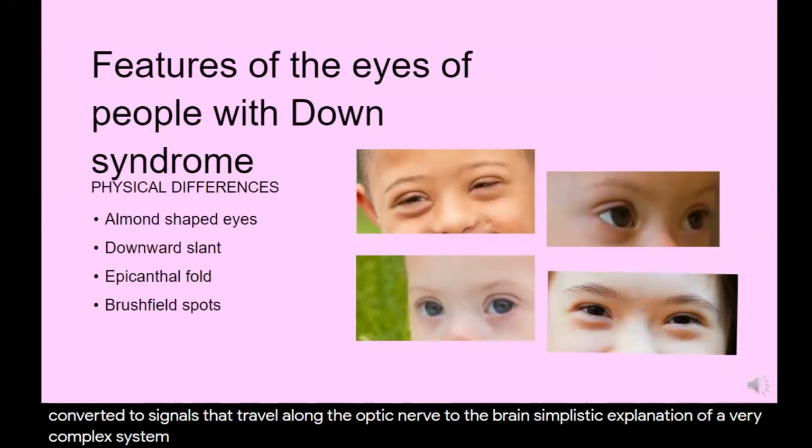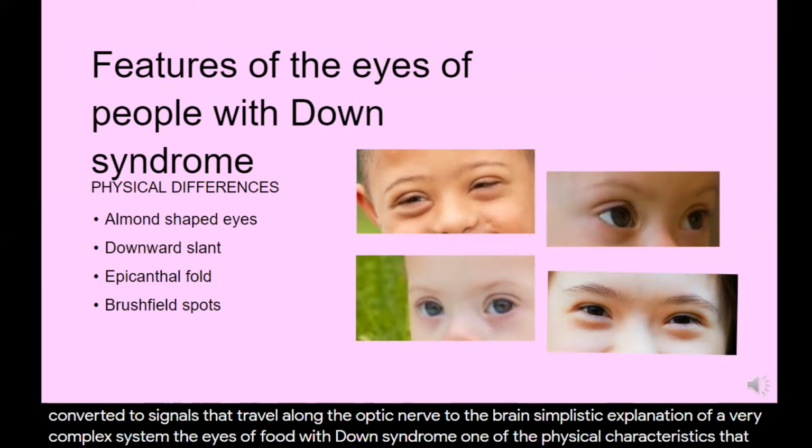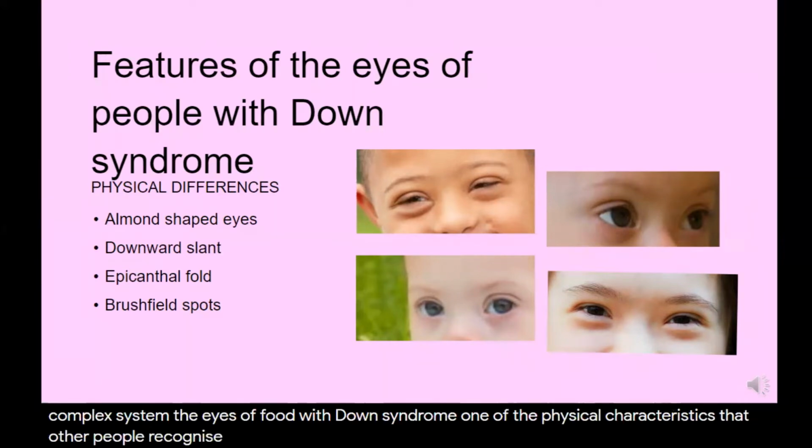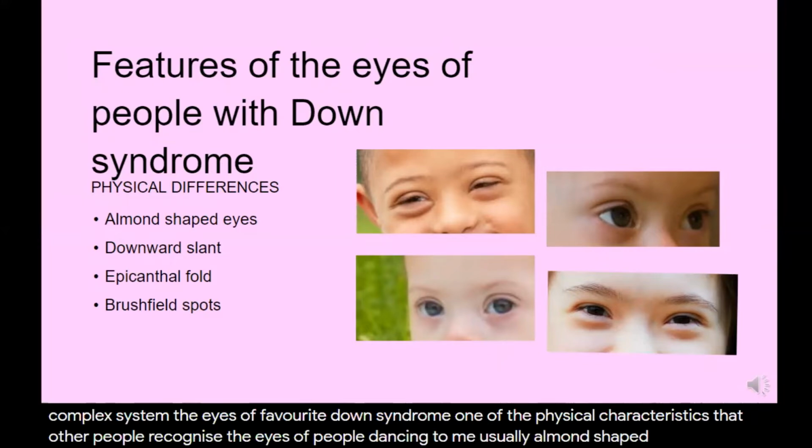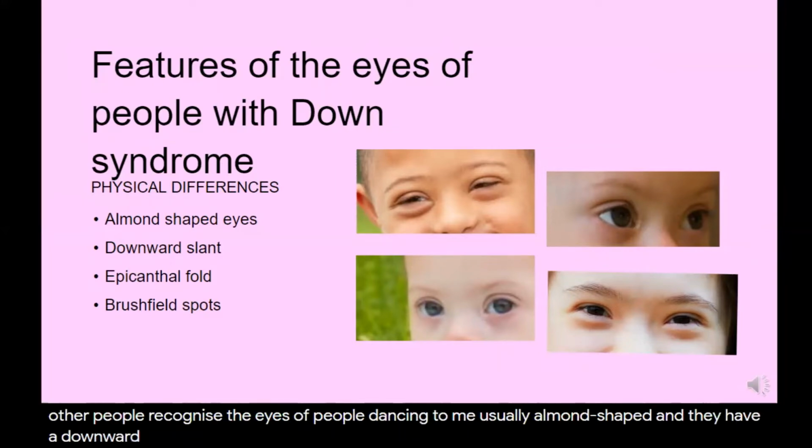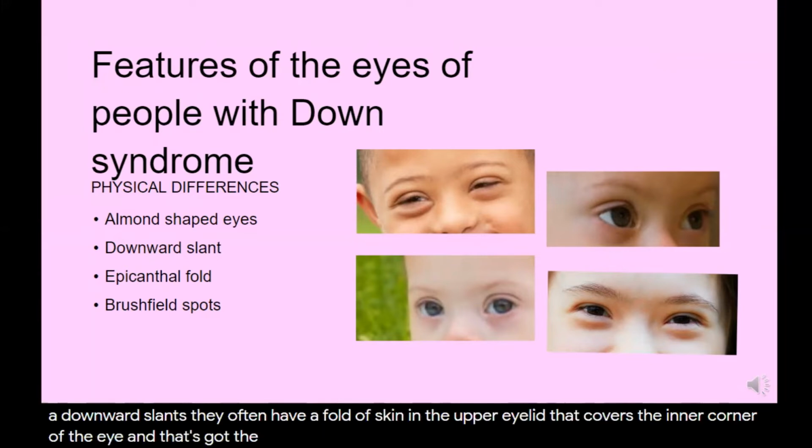Now, the eyes of people with Down syndrome tend to be one of the physical characteristics that other people recognise. The eyes of people with Down syndrome are usually almond-shaped and may have a sort of downward slant. They often have a fold of skin in the upper eyelid that covers the inner corner of the eye, and that's called an epicanthal fold.